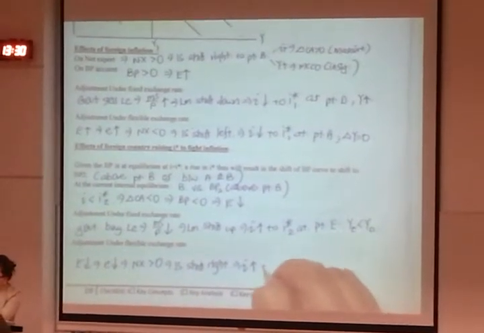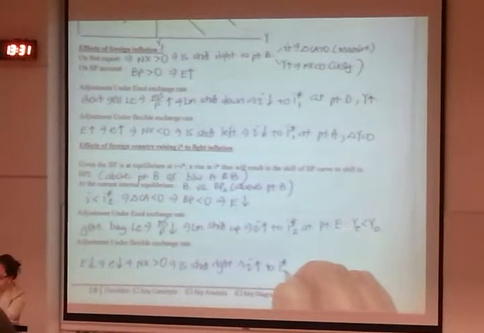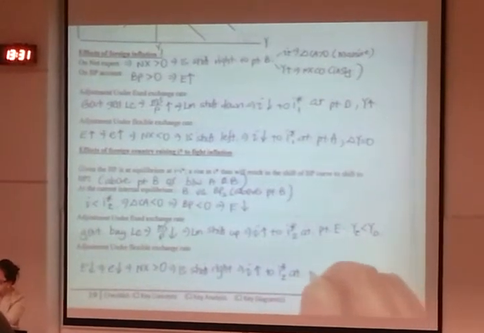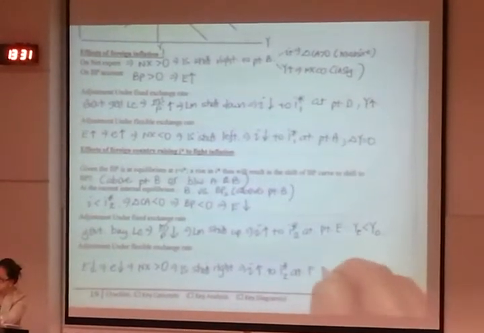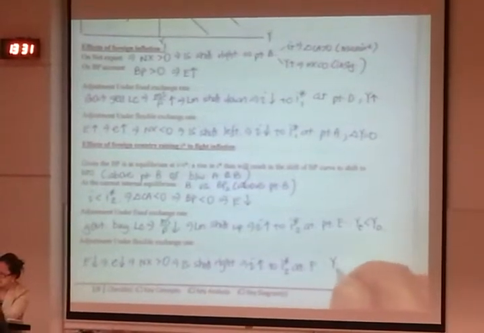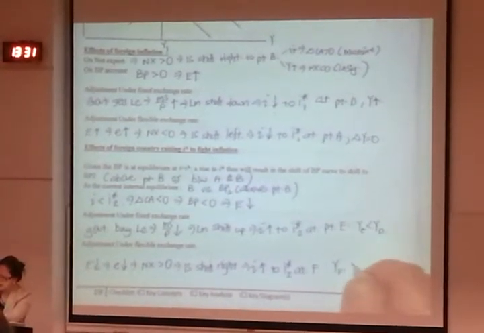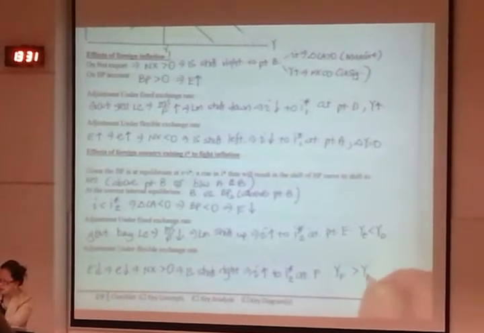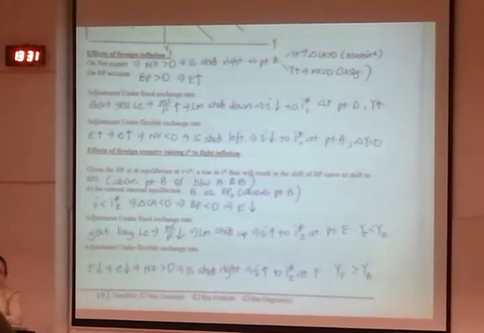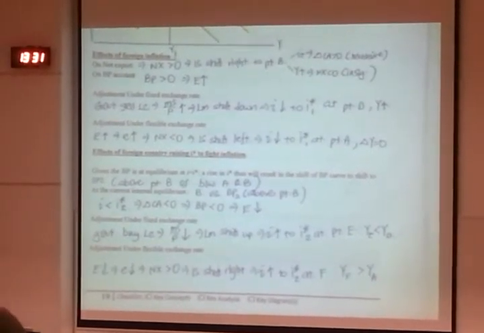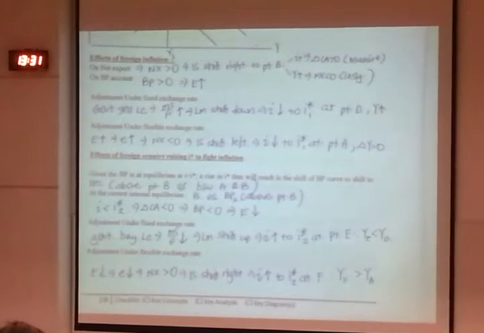And you must end at I star 2. Let's call it point F. Now if you compare income at point F, it's larger than income at point A. Go to the diagram, and look for point F for this.